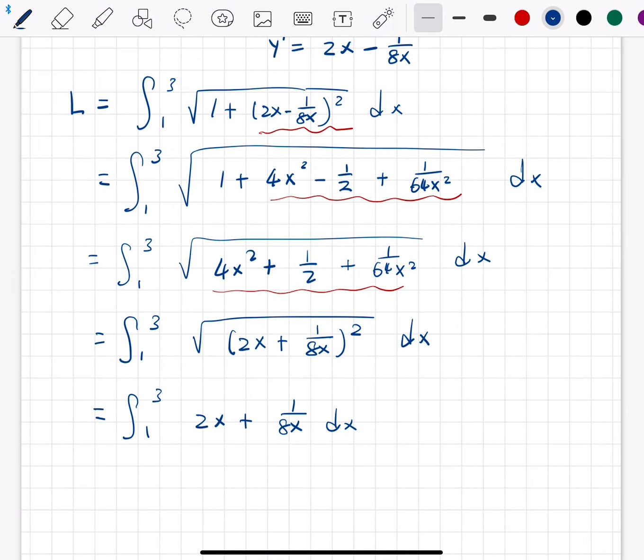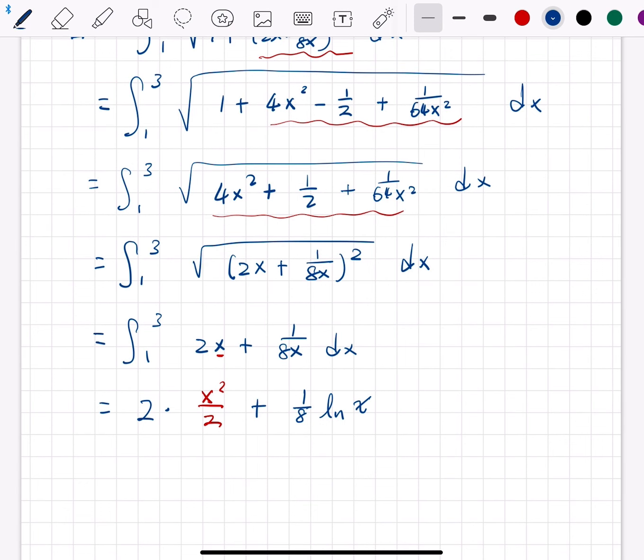Now this one we know how to find the antiderivative, which is going to be 2 times x squared over 2 plus 1/8 times ln of x. So we will simplify it.